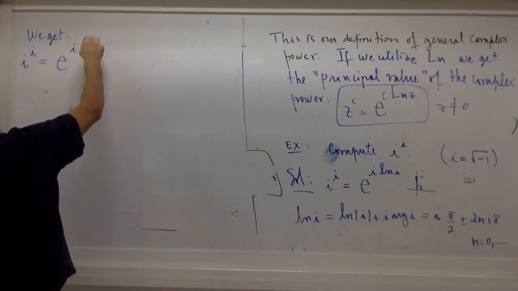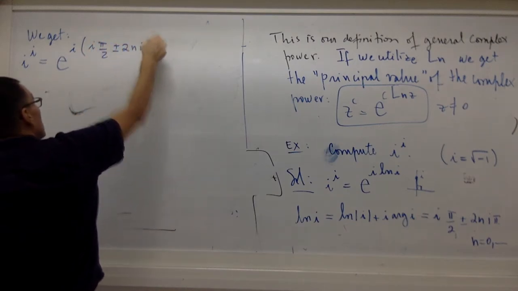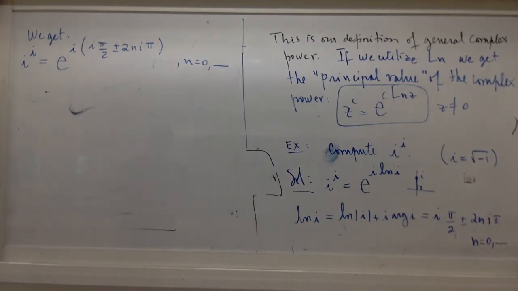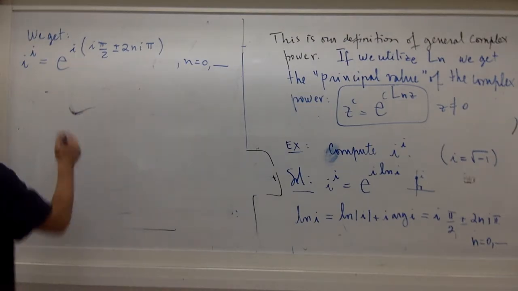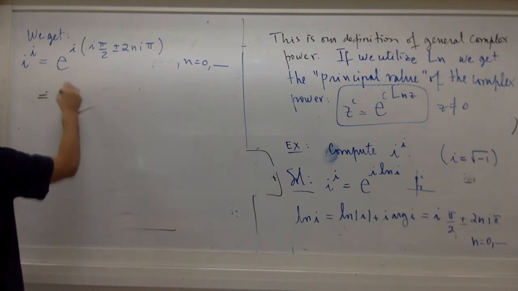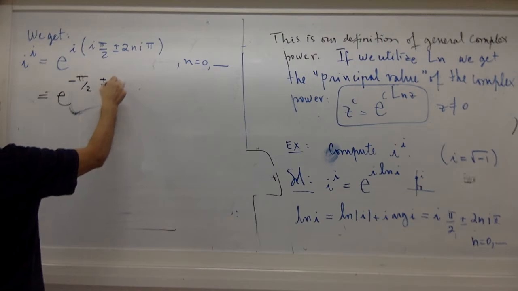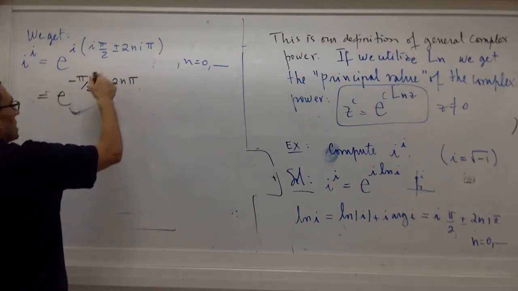So I times I pi over 2 plus or minus 2 n I pi with n equals 0 to infinity. So a natural number. Good, but I squared is negative 1, so I times I is negative 1. Thus, you're going to get here the exponential of negative pi over 2 plus or minus 2 n pi.